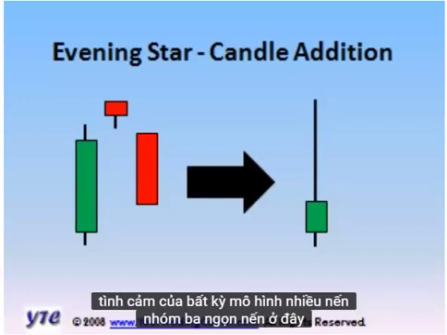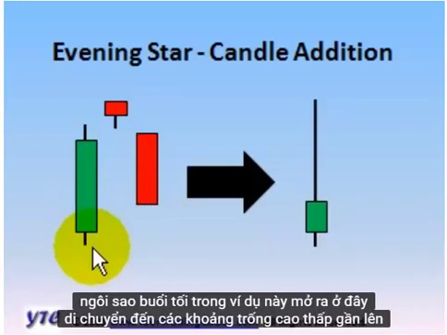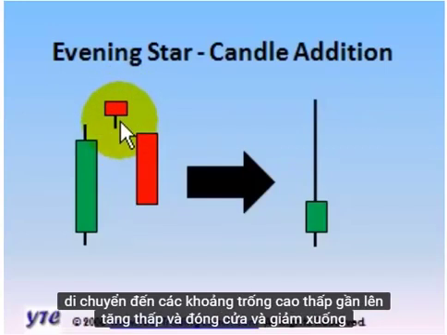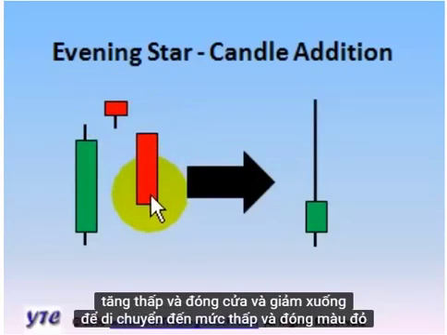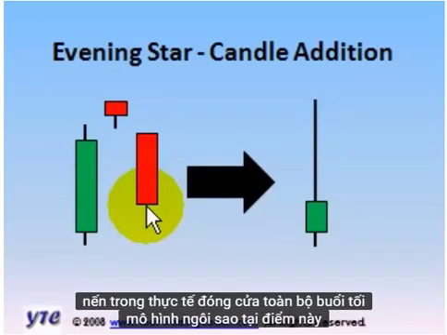The group of 3 candles here, the evening star in this example, opens here, moves to the low, high, close, gaps up, moves to the low and close, and gaps down to move to the low and close the red candle, and in fact close the whole evening star pattern at this point here.